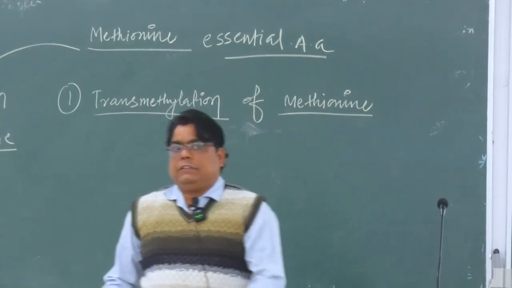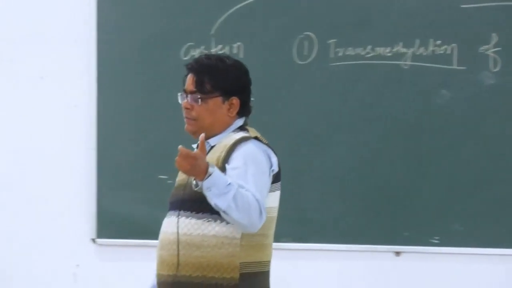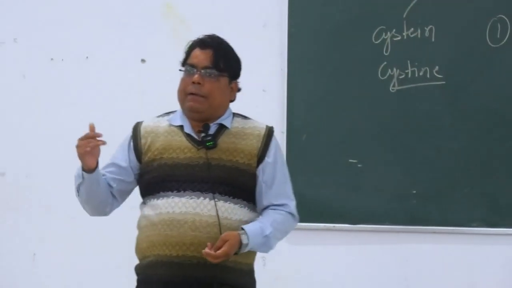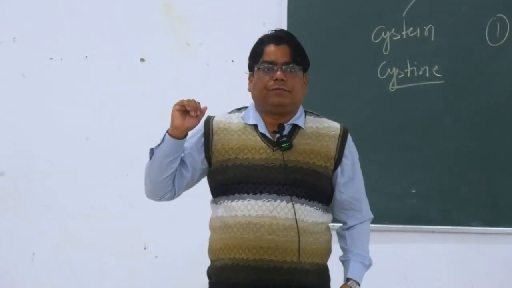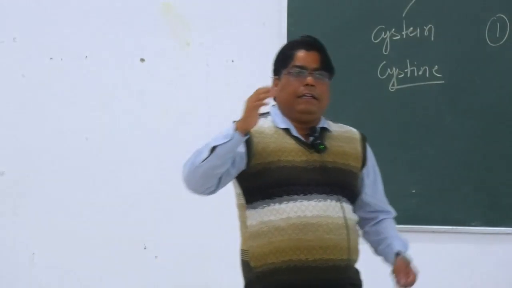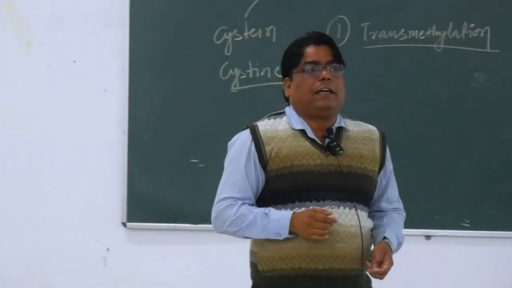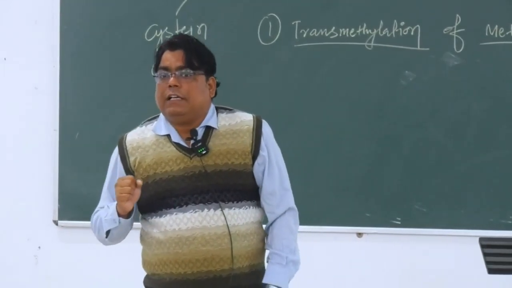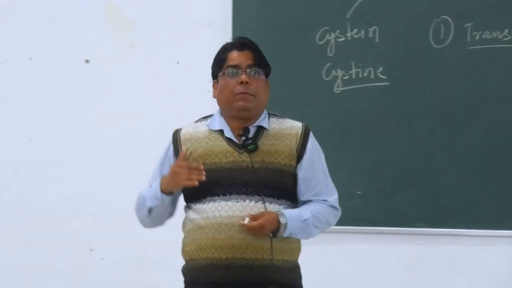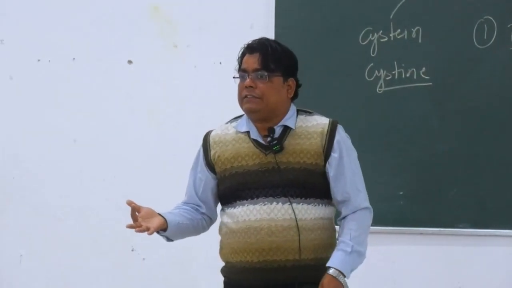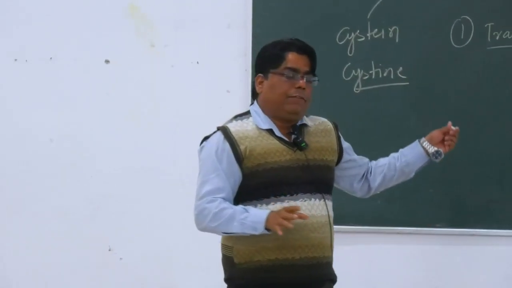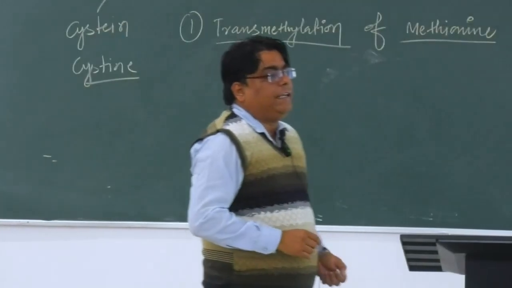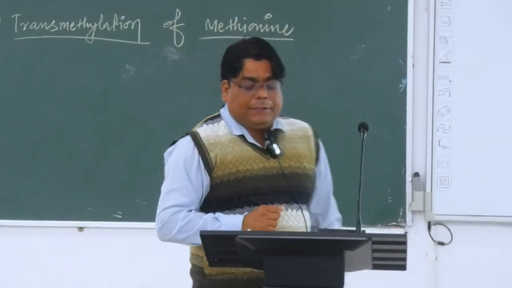Students, this is for your concept: the metabolic pathways occur in large cascades in your book. How will you remember them? Then you can divide this metabolic pathway majorly into 3 or 4 points. The first point of sulfur containing amino acid metabolism is transmethylation of methionine.